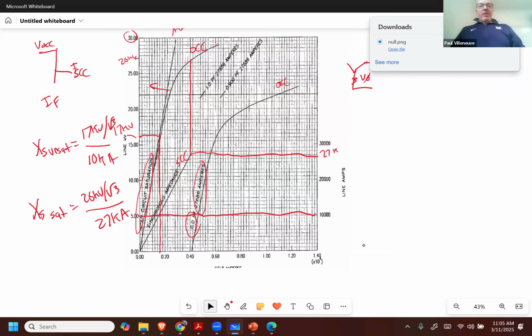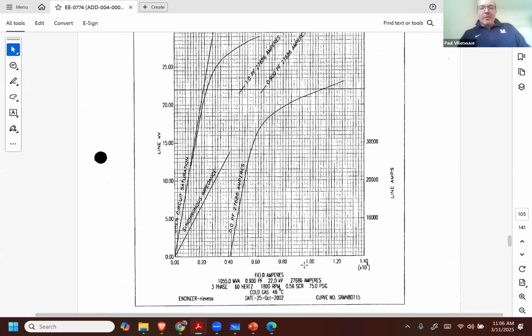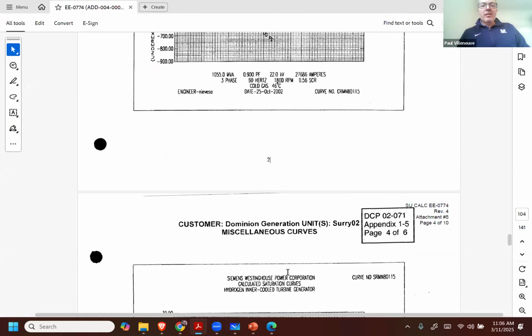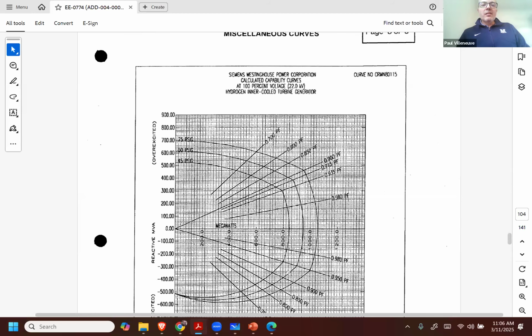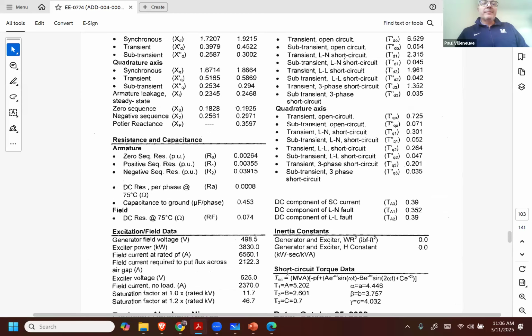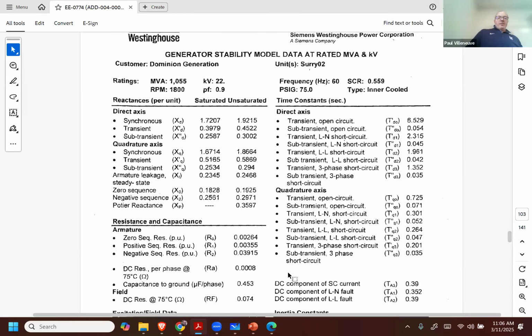And if I look at the original document that I got this from, I don't think it tells me anything about RA or anything. Let me scroll up a page. Yeah, I don't see, well, maybe it is over here. Yeah, you actually might be able to calculate. You see where it says the direct access synchronous reactances?